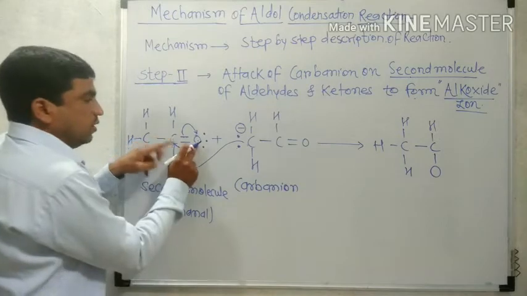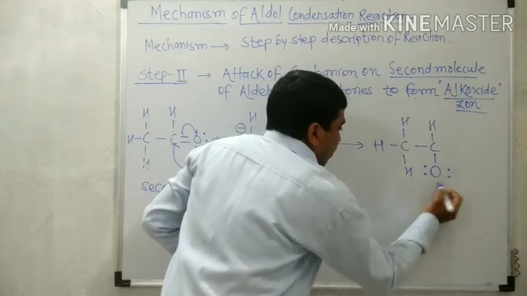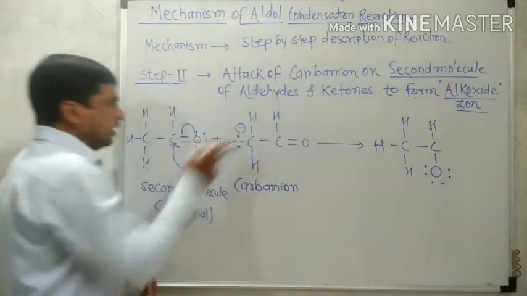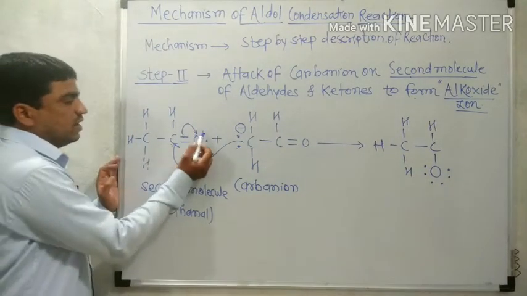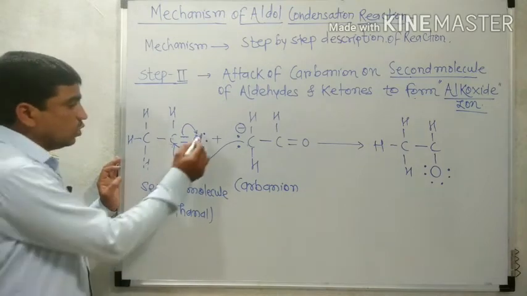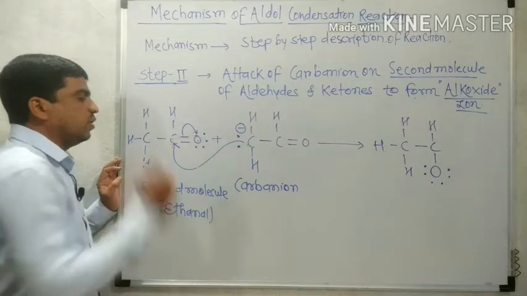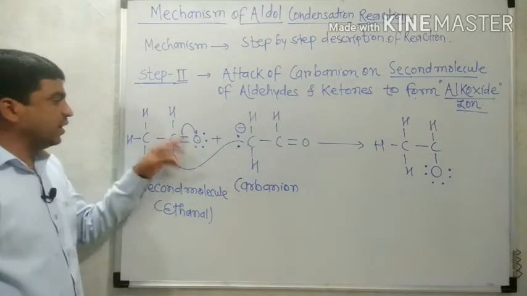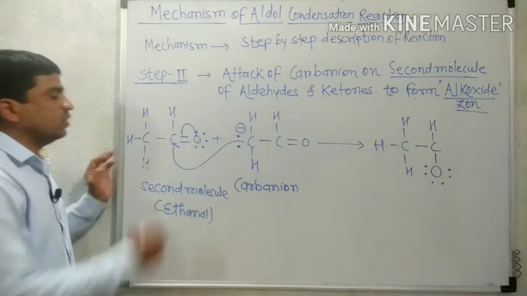That oxygen has a single bond, because the double bond is converted into an electron pair. Here that oxygen gains three pairs, two already and one pair from this bond shifted onto oxygen. Why did that pair shift toward only oxygen? Because oxygen is more electronegative than carbon.